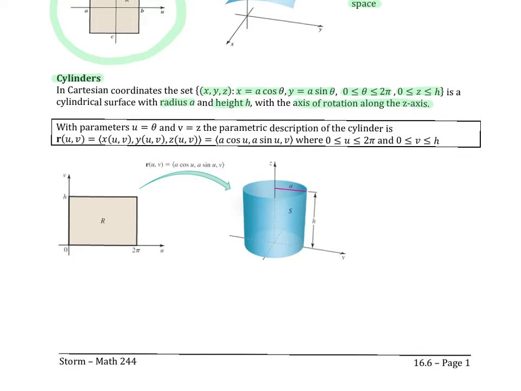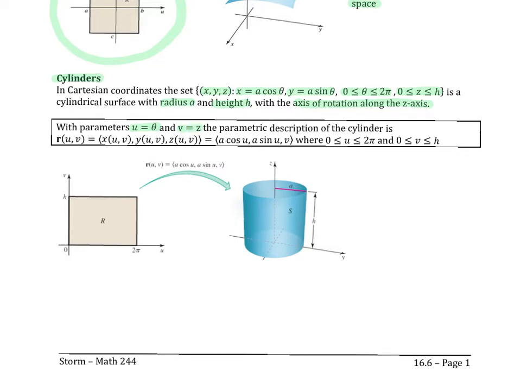Now our goal is to take all of these variables and write a parametric representation with just u and v. So we're going to let u equal theta. Now this is a parametric description, so this is not unique. This is just usually the easiest way to describe parametrically with u and v. So we let u equal theta and v equal z.